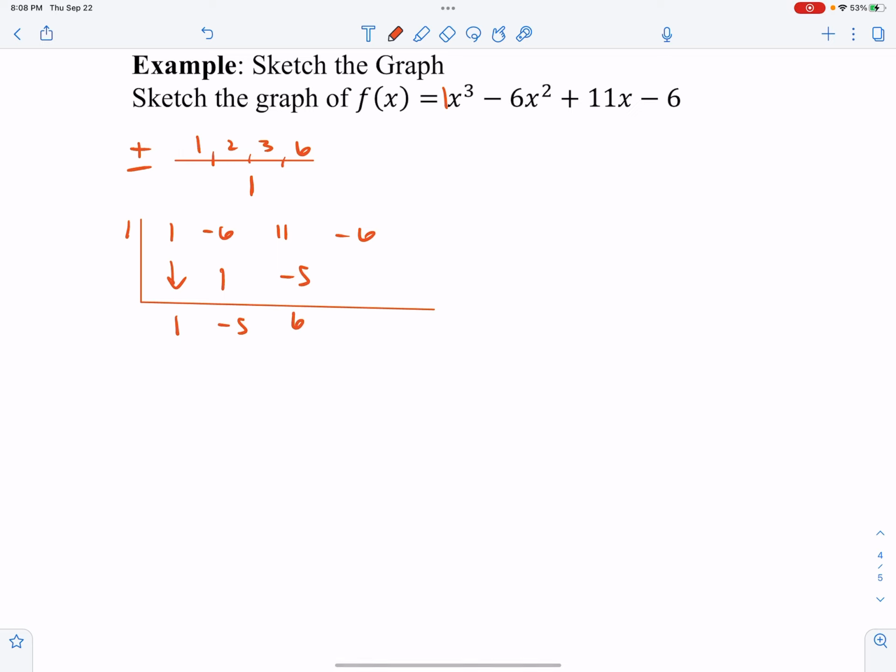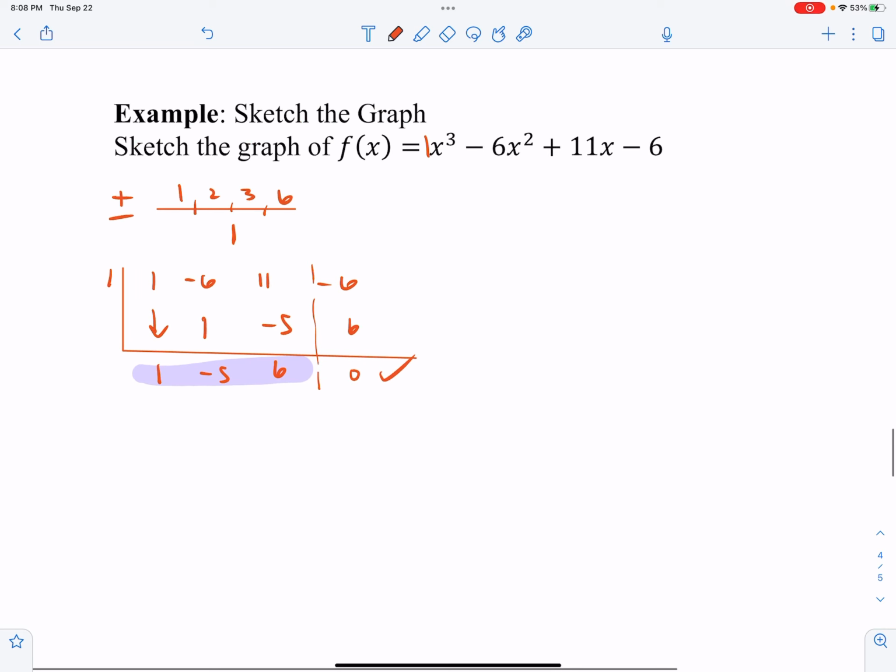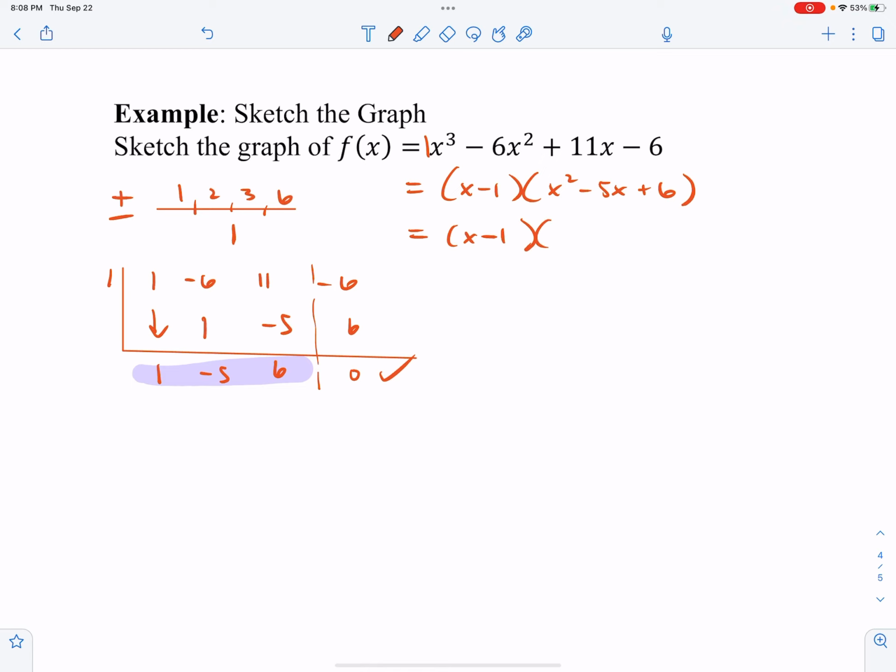What that would be, +6. What do you know, it works. Okay, so that means x minus 1 times this quadratic would be f of x. So f of x can be written as x minus 1 times x squared minus 5x plus 6, which is x minus 3 times x minus 2.